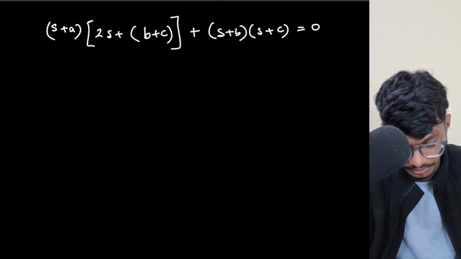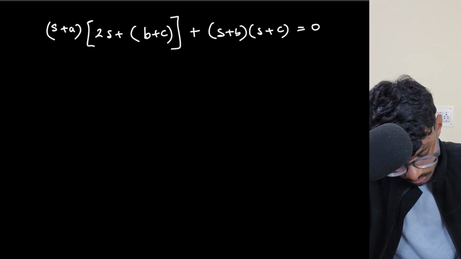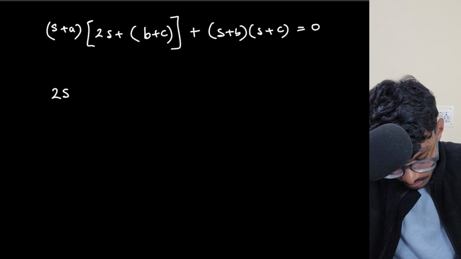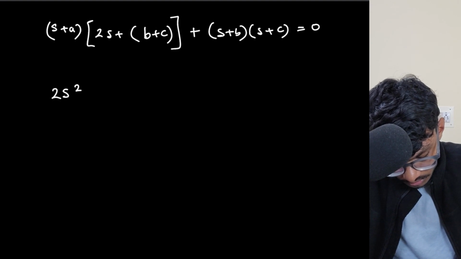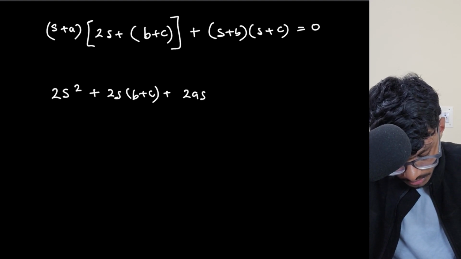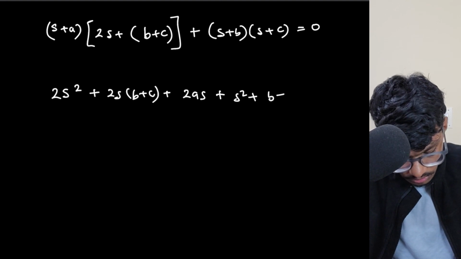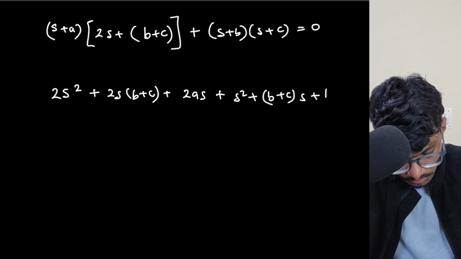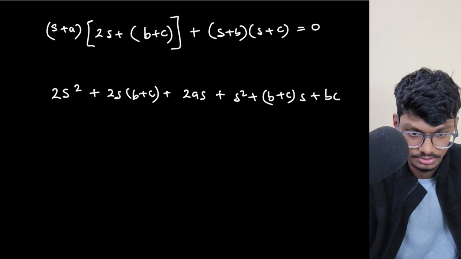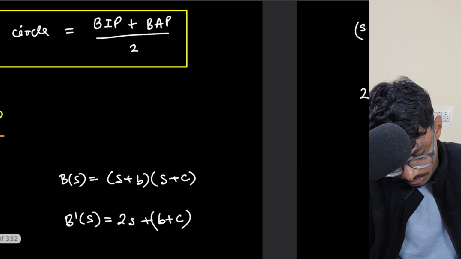This is what we should equate. If you solve this equation, you will get 2s squared here, and this is 2s into (b + c), and this is 2as, minus s squared plus (b + c)s plus bc basically. We have to subtract this one also, I think.